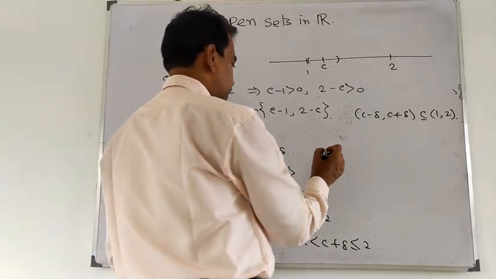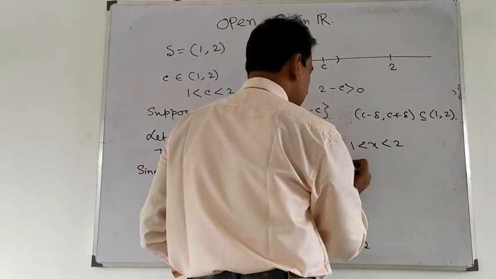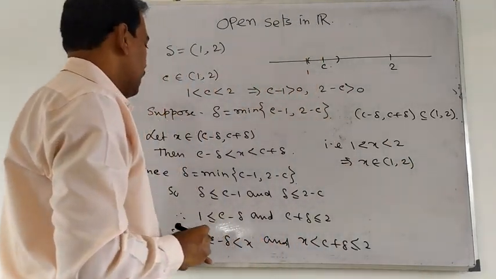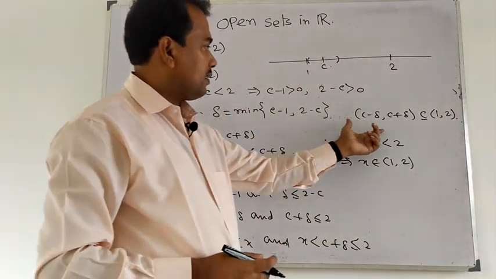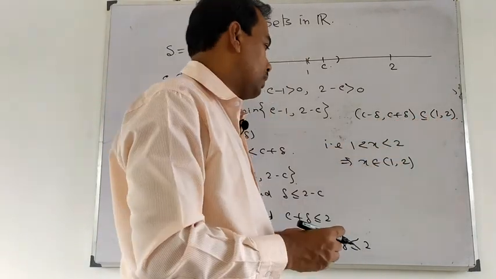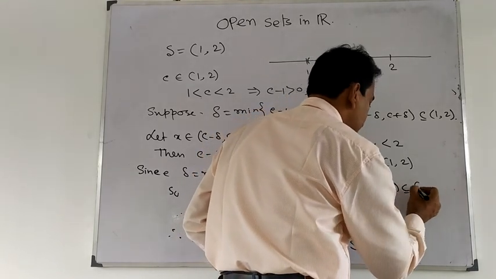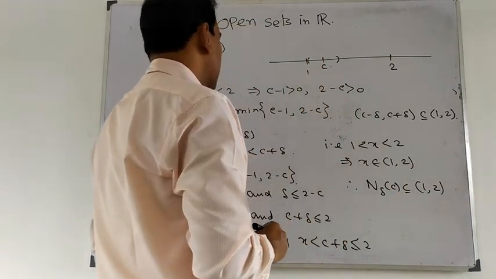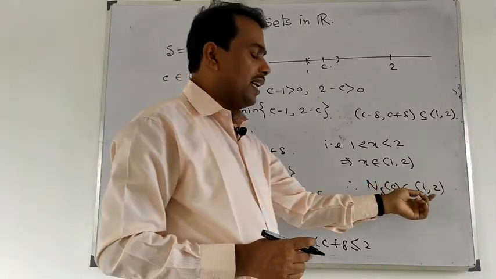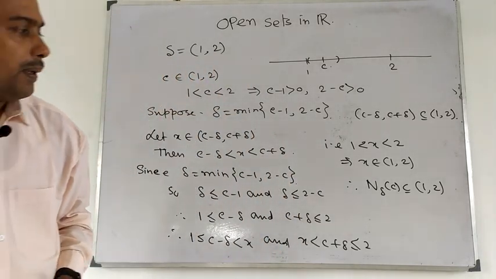That is, 1 less than x less than 2, which implies x belongs to the open interval (1, 2). So each point of this subset belongs to the set (1, 2). So N delta C is a subset of (1, 2). So each point of S is an interior point of S.